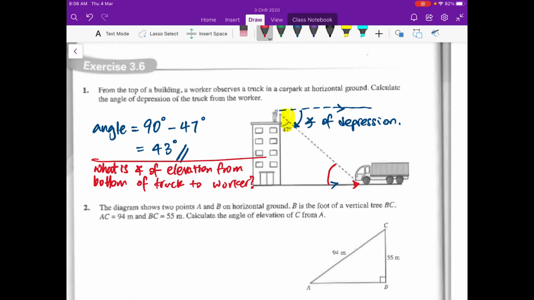Alternate angles, parallel lines. So if this is 43, then this must also be 43 degrees. Because your alternate angles, parallel lines. So you notice that angle of elevation, the opposite, which is the angle of depression, if you are talking about the same two objects, it's going to be the same. It's going to have the same value. Okay?